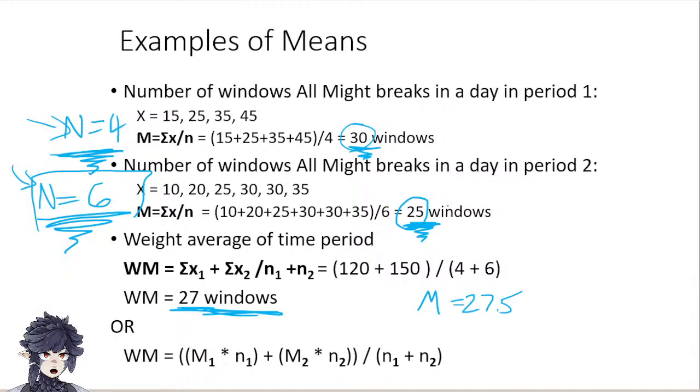But we know that the 25 is probably a bit more accurate than the 30. So by doing the weighted mean, we get a number that's closer to our bigger sample. It's probably a bit more accurate. We're not tossing out the other data entirely, but we make sure that the bigger sample has more influence on the final result.